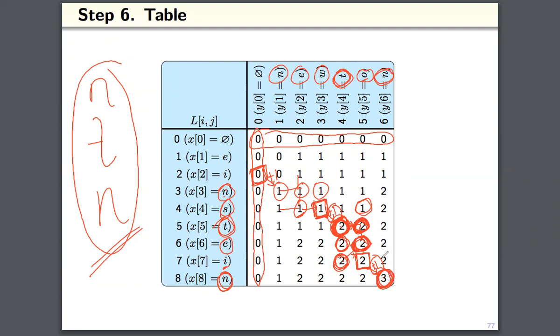But if you also save which cell you came from and backtrace, like I showed here, you can also construct the solutions. Backtracing is just going in the opposite direction of where you came from, again comparing characters.